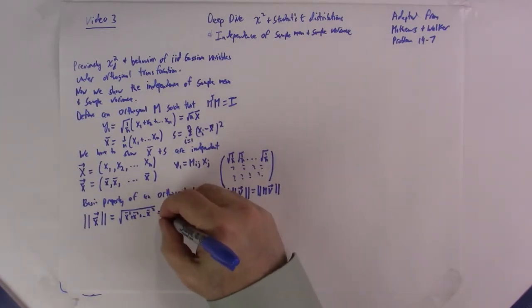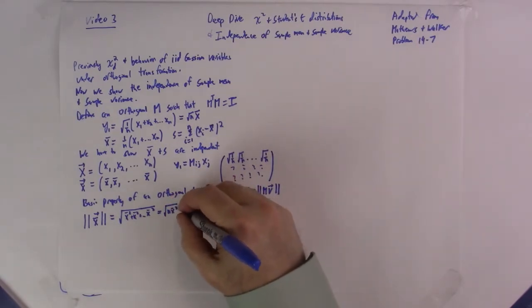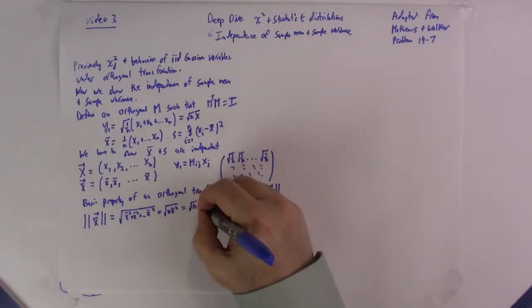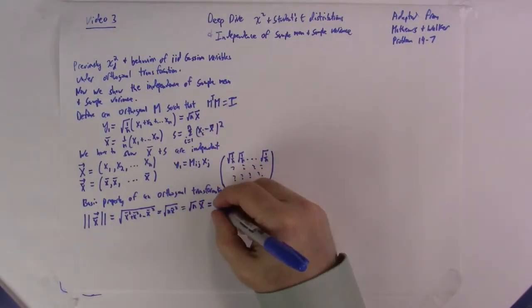There's n of them, so it's the square root of n times x bar squared, which is equal to the square root of n times x bar, which is equal to y1.